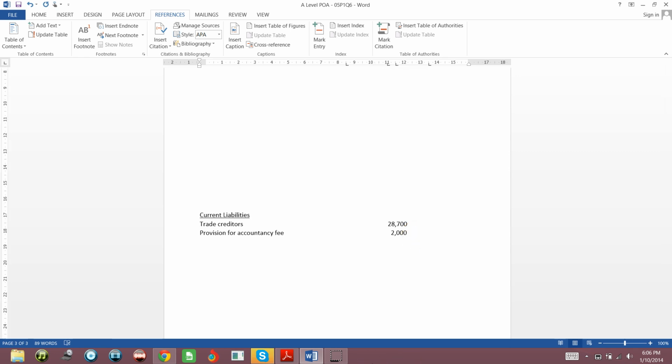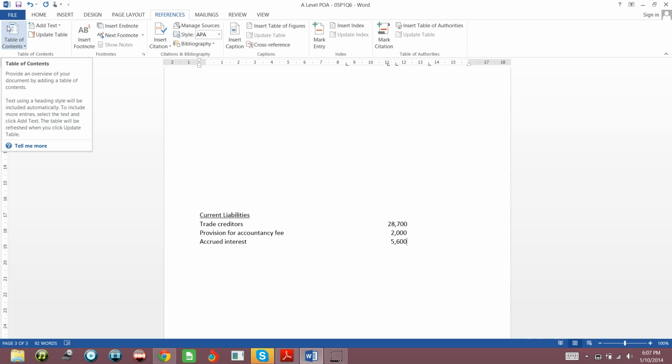So we put it as accrued interest. Accrued means not yet paid. So the whole interest expense is not yet paid. So we put here 5,600.